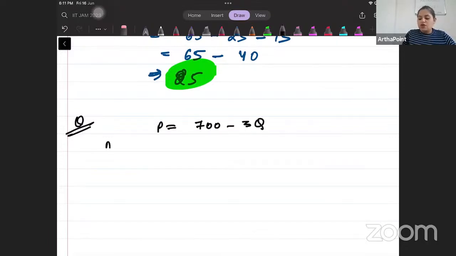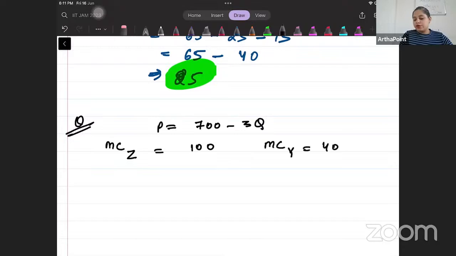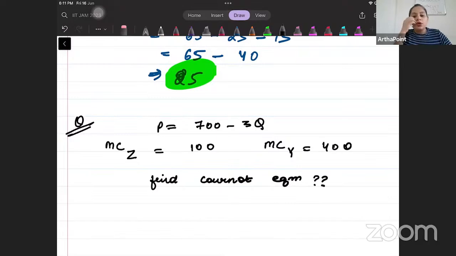The marginal cost of the first firm called Zach is 100. And there is another firm called Yan. The marginal cost of that firm is 400. The question is, find Cournot equilibrium.